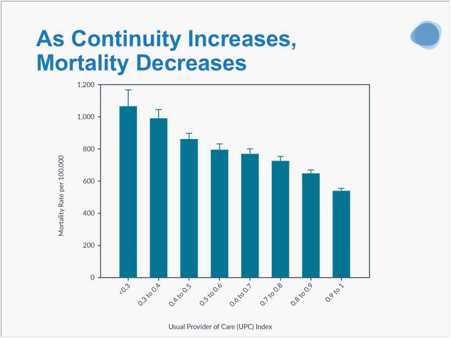If people are essentially unattached, so that's the left-hand bar, with less than 30% of their visits to their primary care team, their rate of mortality per 100,000 is well over 1,000, as opposed to those that basically see their own primary care physician most of the time, in the far right-hand column. 90 to 100% of their visits are to their primary care doc. They're below 600 deaths per 100,000 population.